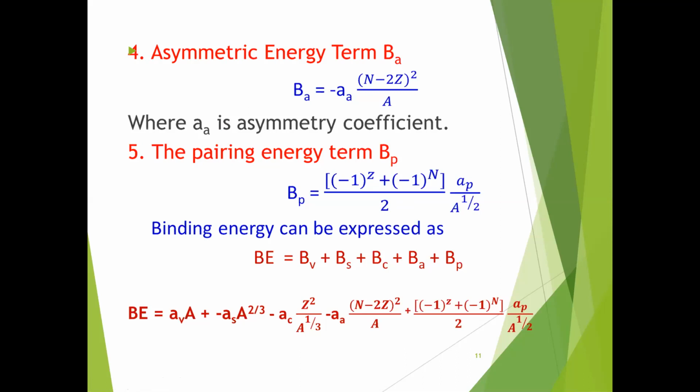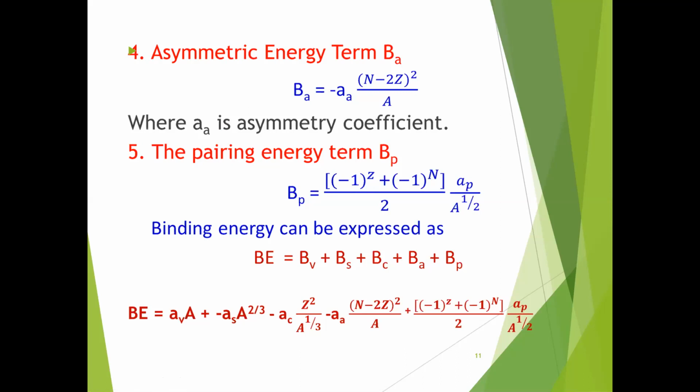If both Z and N are even numbers, we get more stability because this term becomes positive, and if Z and N are both odd, we get a minus term, that is less stable, and with one odd and one even, we get intermediate stability. So this is the energy term due to the number of nucleons having an odd or even number of protons or neutrons.